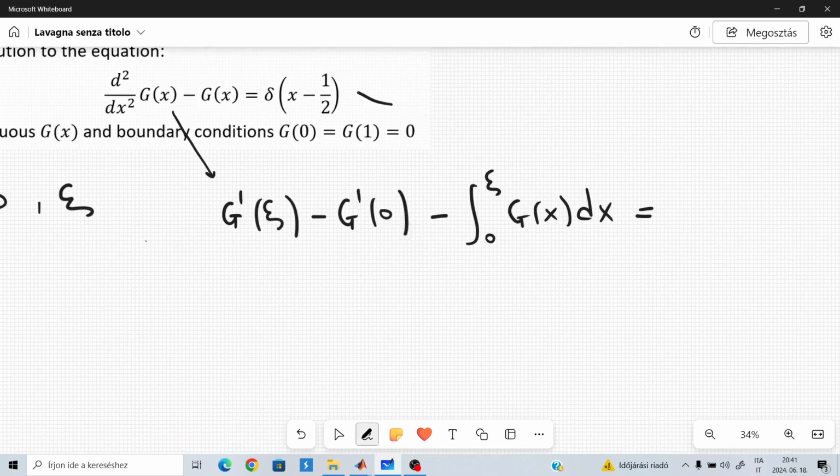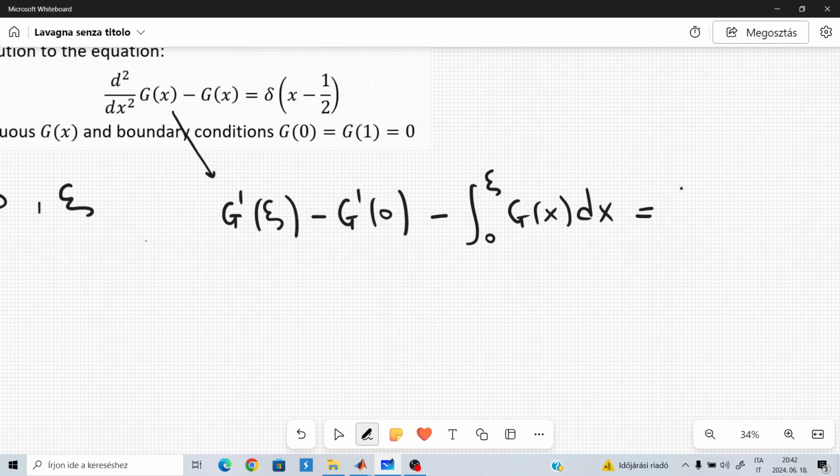But when you integrate the Dirac delta, if the Dirac delta is not included in the interval of integration, you will get 0. Otherwise, you will get 1. So if xi is greater than 1/2, you will get 1 because the Dirac delta belongs to the interval that you are integrating over. Otherwise, it is just 0 because if the peak of the Dirac delta is outside the interval of integration, you get 0 because there is nothing there.